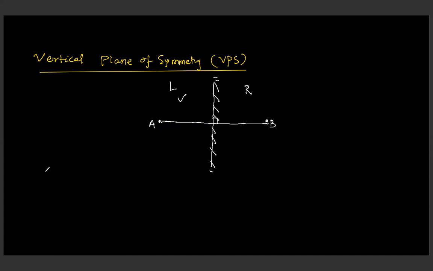There are 2 points that we have to consider. One is that points on the VPS have the same potential. Points on the vertical plane of symmetry have the same potential.